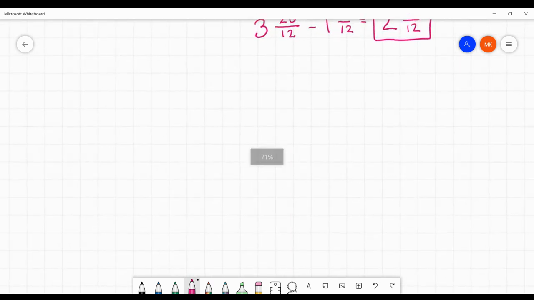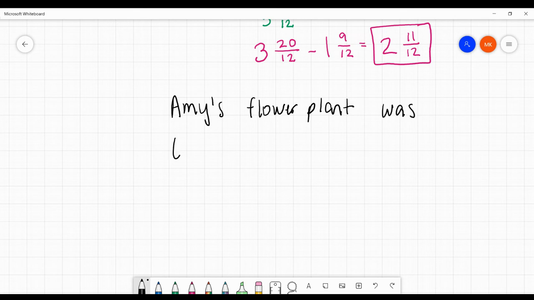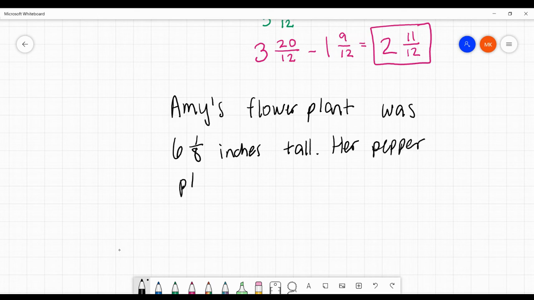All right. And this will be our final problem of our review. So we will say, Amy's flower plant was 6 1/8 inches tall. Her pepper plant was 2 1/3 inches tall.